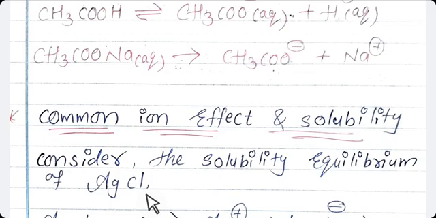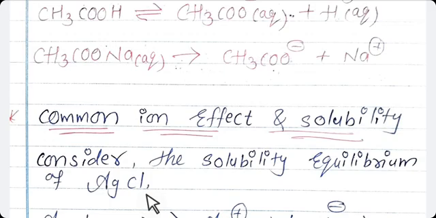Students, the presence of a common ion also affects the solubility of a sparingly soluble salt, and you are all aware that silver chloride is a sparingly soluble salt. So remember, the presence of a common ion also affects the solubility of a sparingly soluble salt.